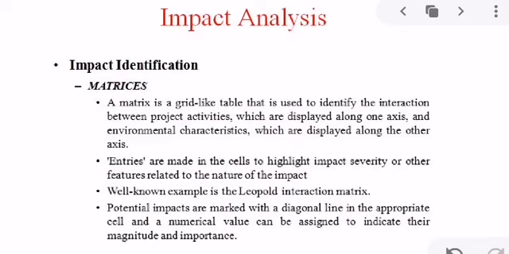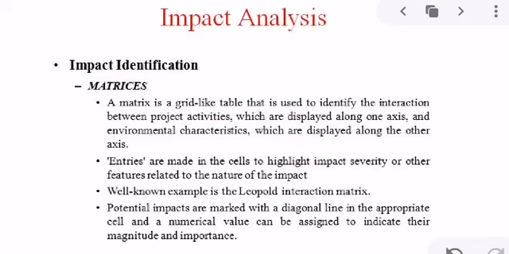So matrices. A matrix is a grid-like table that is used to identify the interaction between project activities, which are displayed along one axis, and environmental characteristics, which are displayed along the other axis. Entries are made in the cells to highlight impact severity and other features related to the nature of the impact. So it may be using some numbers to highlight the impact severity.